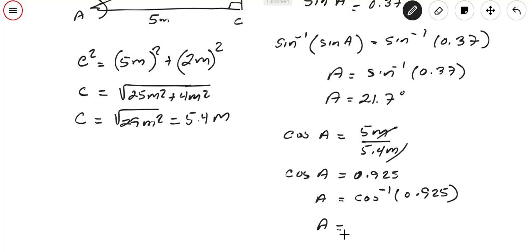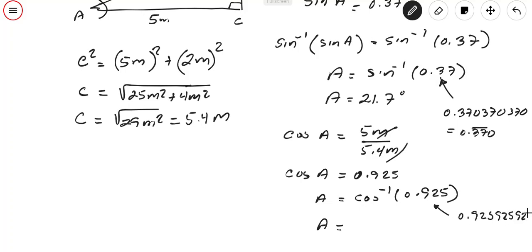of course I am rounding, so there would be a very, very small difference, because this number really was 0.37037, and this one is really 0.925925.